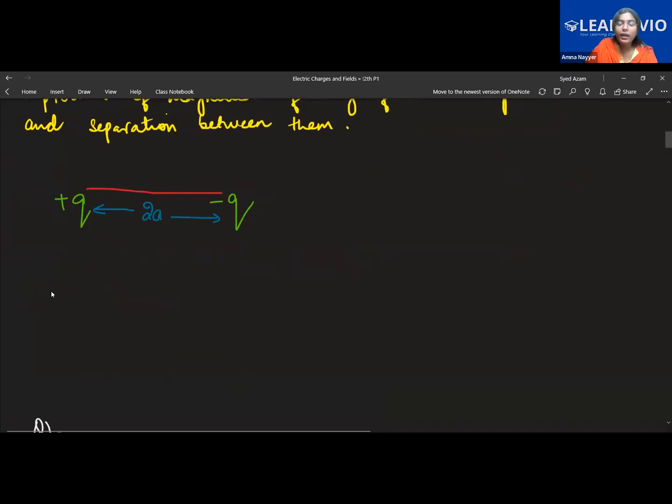So how to calculate the dipole moment? It is represented with this P. You take the magnitude of any of the charges because both the magnitudes are the same. Let's say Q, and multiply it with the separation of the charges.